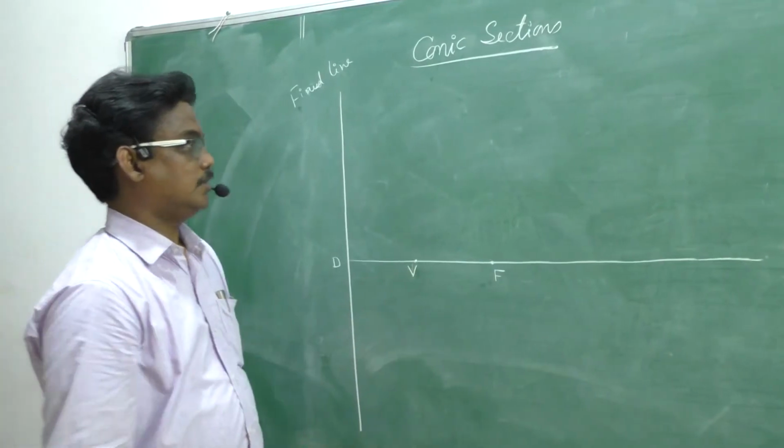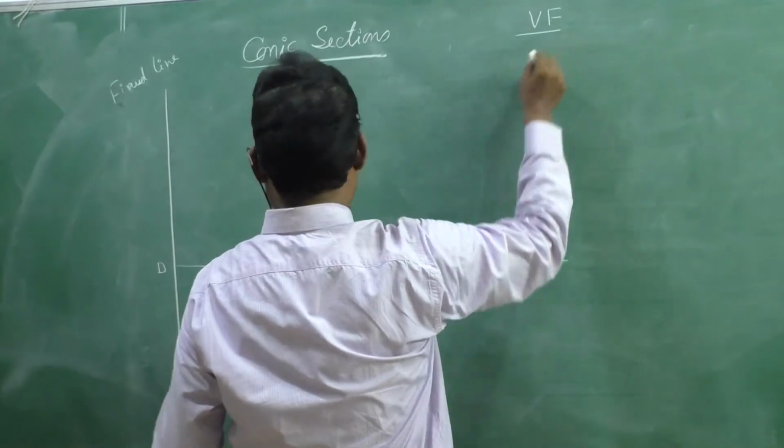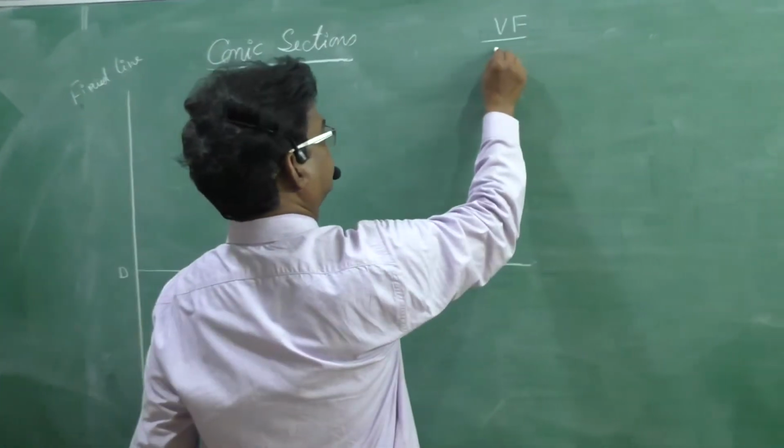For the point V, consider VF divided by VD.